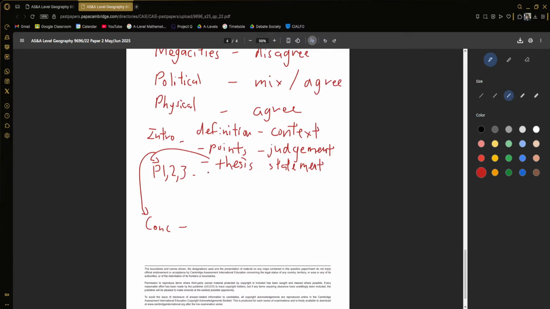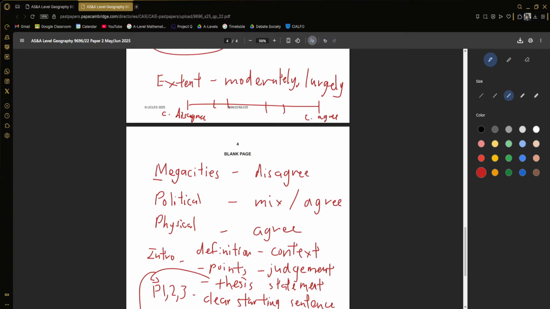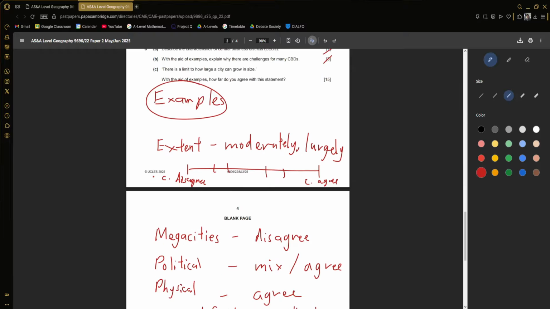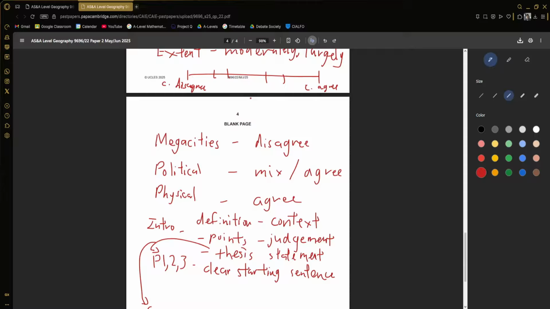For your main body paragraphs, you want to have a clear starting sentence, and that is telling the examiner what you're going to talk about. If you're going to talk about megacities, say the evidence or the existence of megacities points towards or suggests that there are no limits to urban growth.